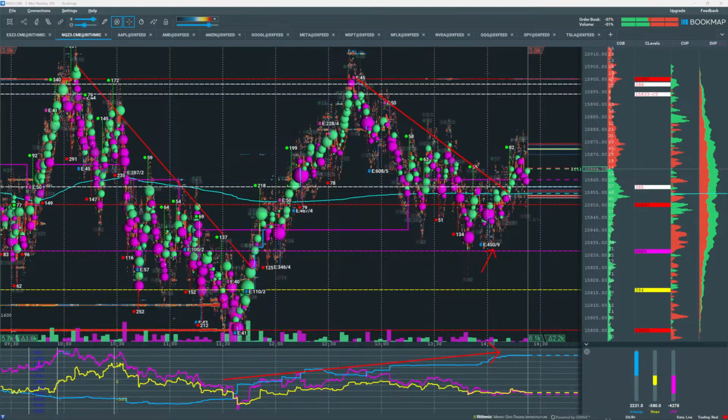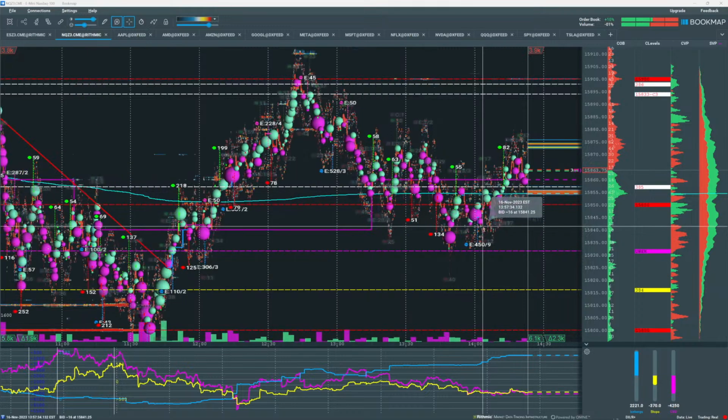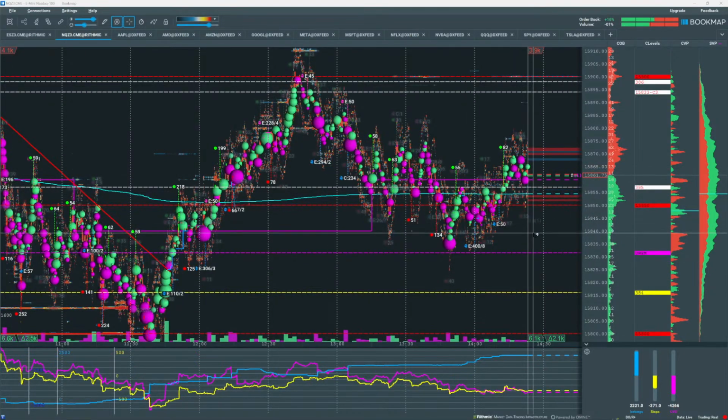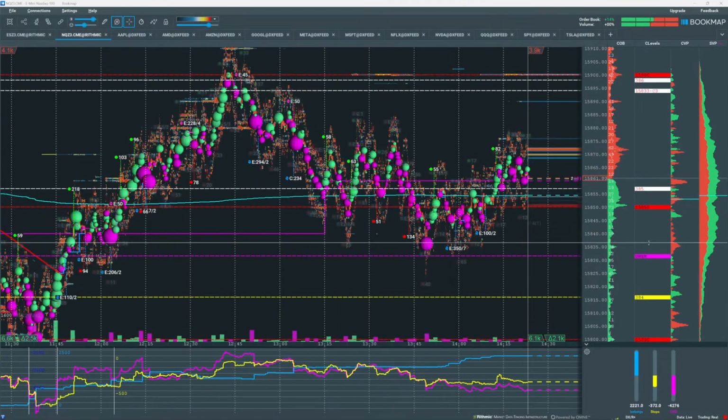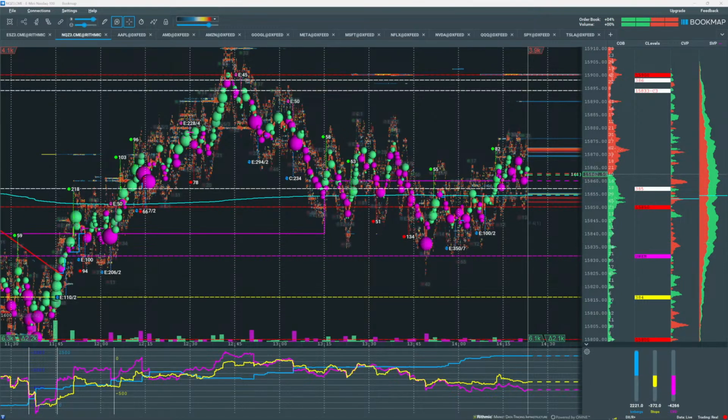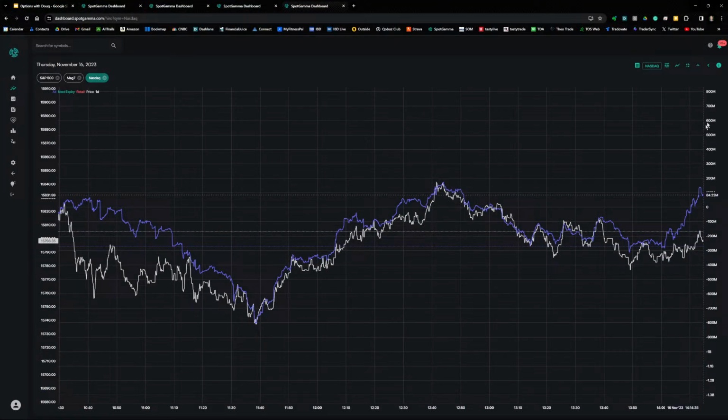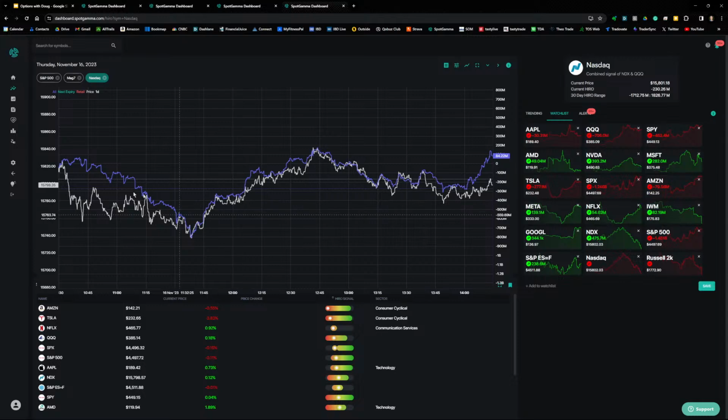And NASDAQ has broken this downtrend, now it looks like. Let me zoom in on this. Some aggressive buyers may be coming in here. Let's go back, take a look at Hero. Let's check the Magnificent Seven.